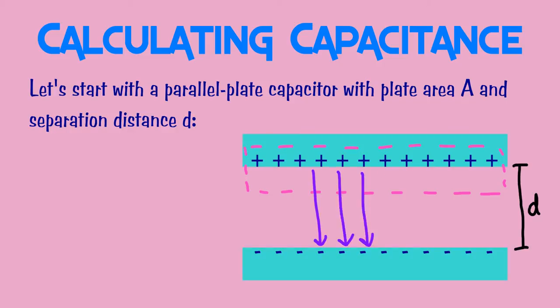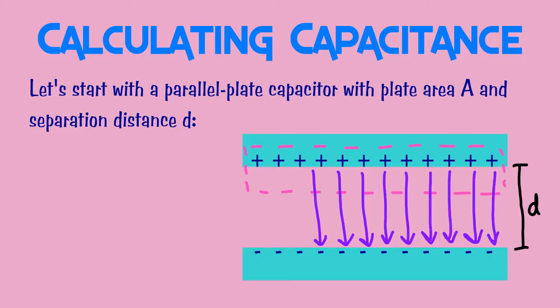And you may recall from that lab that you did that the electric field in between the two parallel plates is actually fairly uniform. In other words, it's all the same direction and it has all the same magnitude. That'll make using Gauss's law relatively easy.